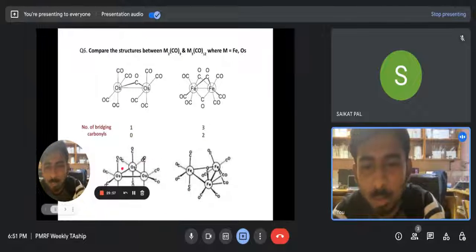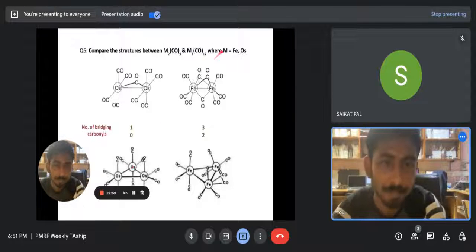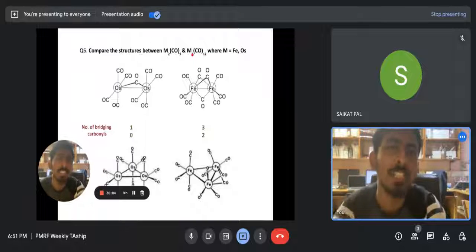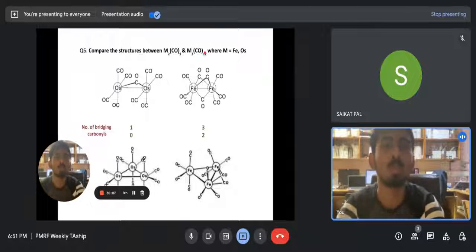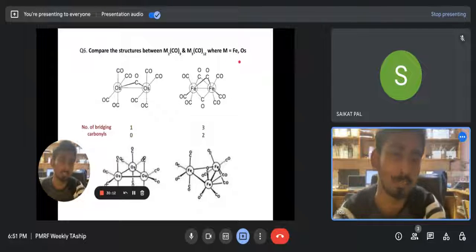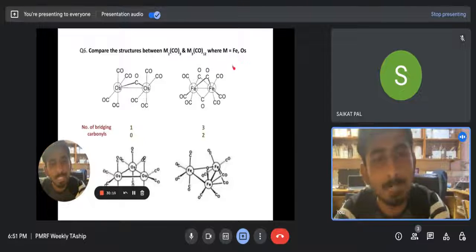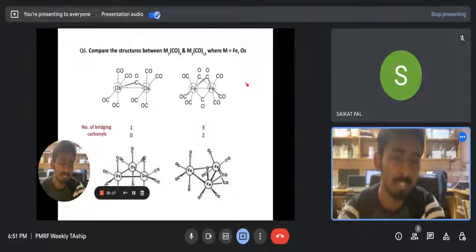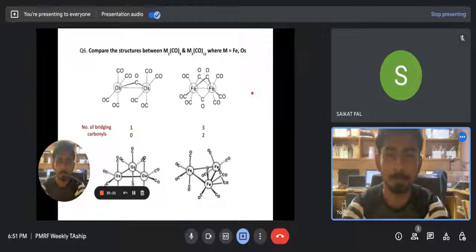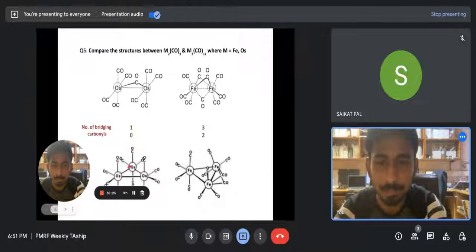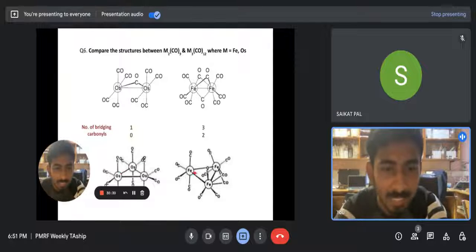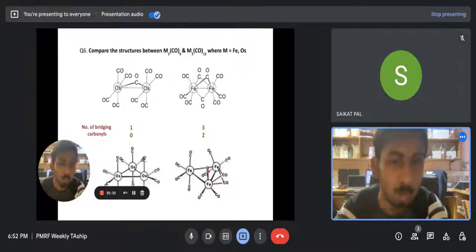If it is Os3(CO)12, there should be 3 metal-metal bonds, because if we calculate the number of electrons, 3 into 8 is 24 and 12 into 2 is 24. So 24 plus 24 gives 48 electrons, and subtracting from 18n, 18 into 3 is 54, 54 minus 48 is 6. Dividing 6 by 2 gives 3. So there are a total of 3 metal-metal bonds present. You can see that in both cases there are 3 metal-metal bonds, and the bonds per metal is also 2.